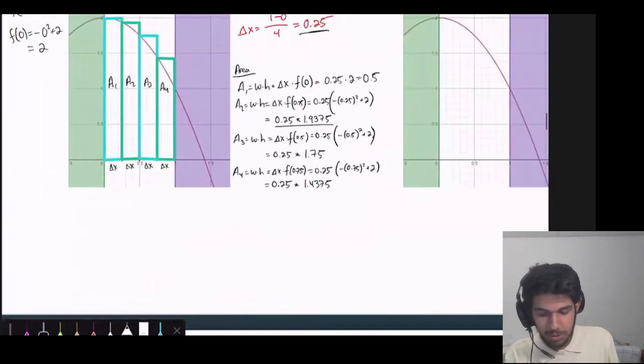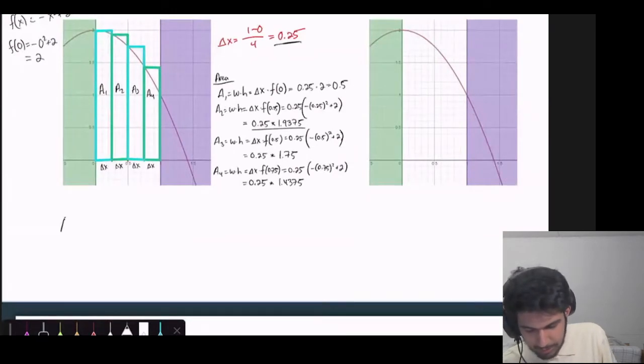So now we can compute the total area, the total Riemann sum. Area equals A1 plus A2 plus A3 plus A4.